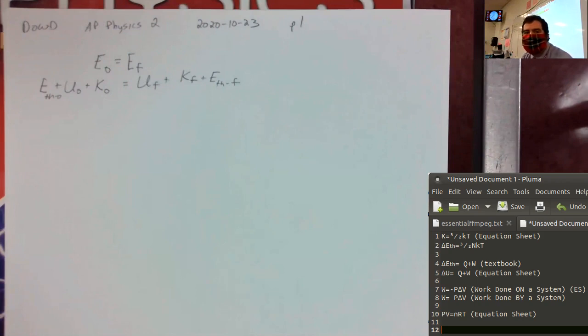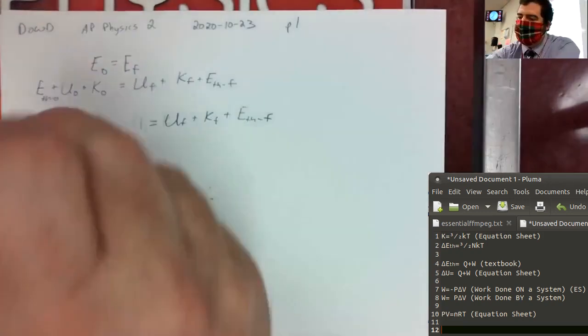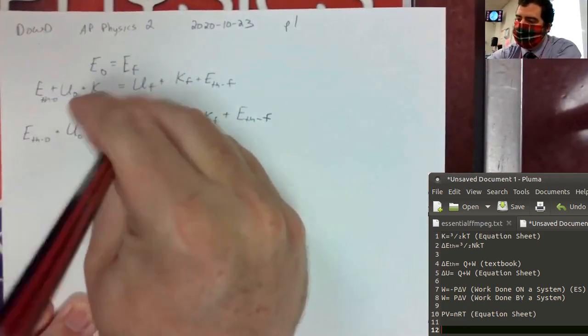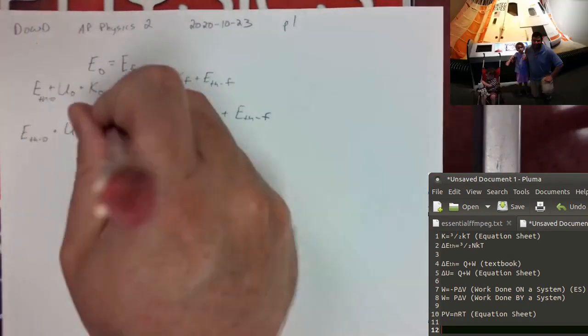And ultimately what I want to do is try to expand this out to include the ideas of work and heat and everything like that. So I'm going to rewrite this. And what are the two ways that we can transfer energy in and out of a system? Work and heat.